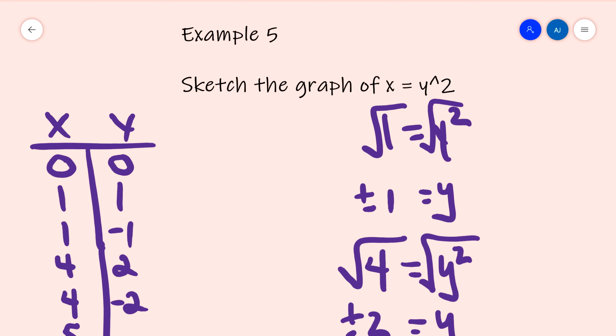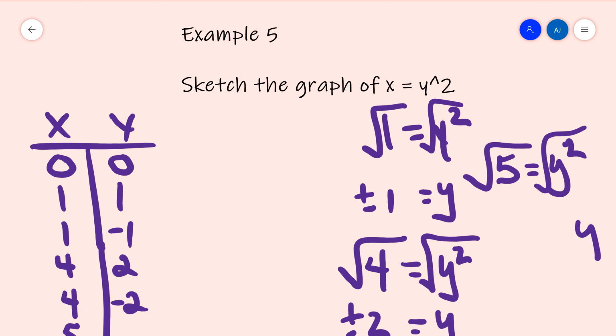And finally, I got 5 here. 5 equals y squared. X is 5. I take the square root of that. Then y is going to equal plus or minus the square root of 5. This would be positive square root of 5, negative square root of 5.